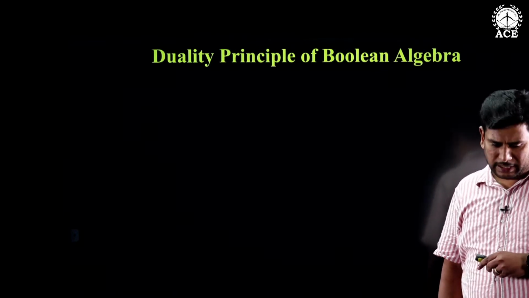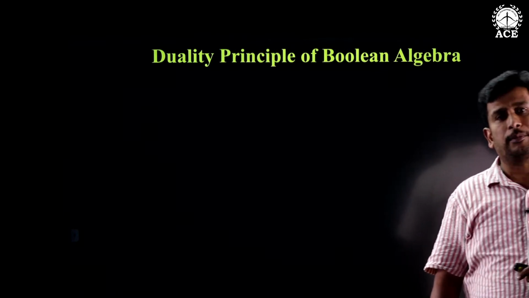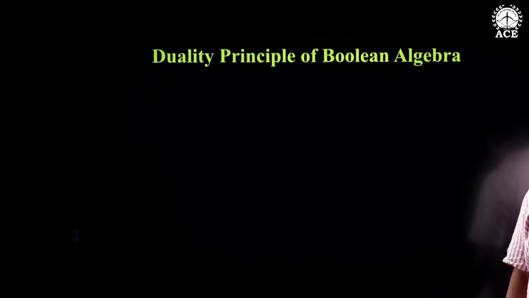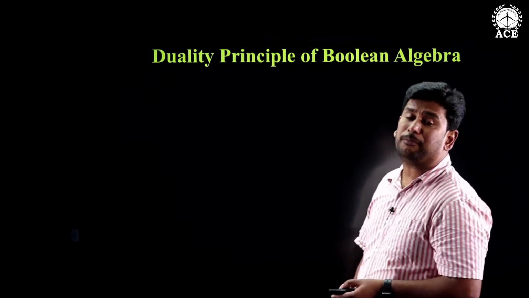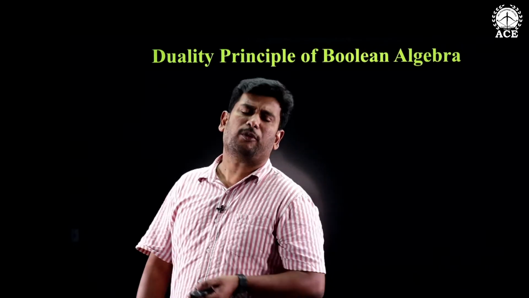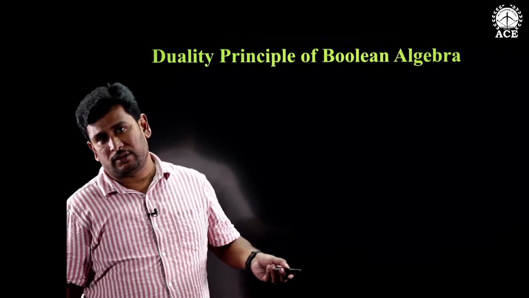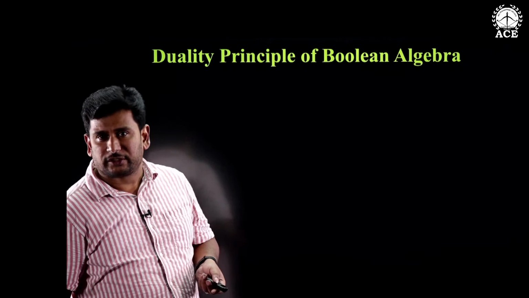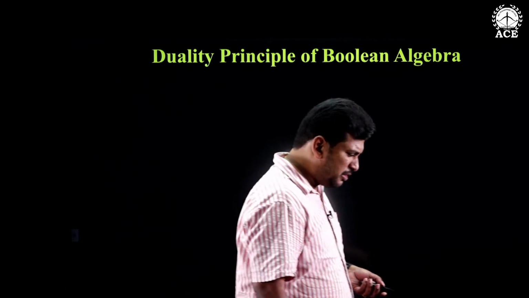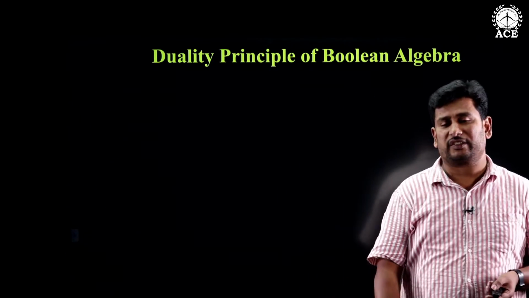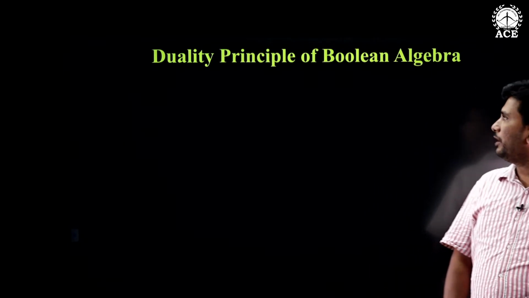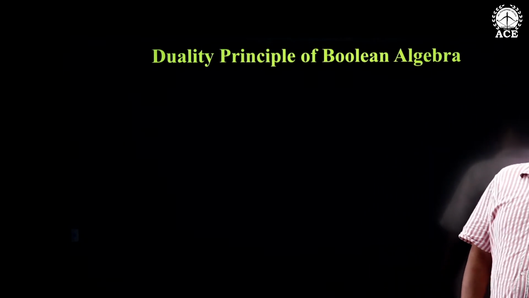Now, a minute of pause, because the one which we are going to learn next is very, very important. Why it is important and how it helps in the reduction or simplification of circuits, let's look at it. Duality. Duality of Boolean algebra.